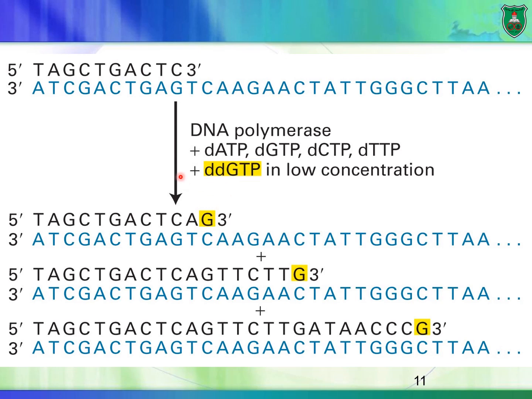So the reaction that contains the tube, the vial that contains the dideoxy-GTP, it's present at low concentrations. That's an important point. Okay, so let's say that I have 1,000 DNA molecules, the template DNA molecules, 1,000.